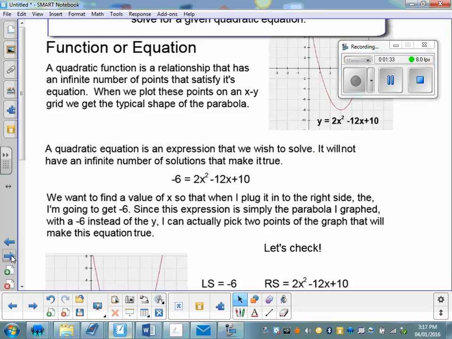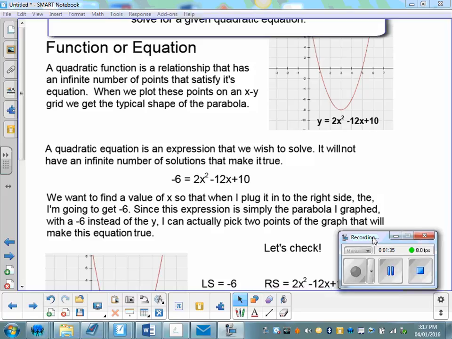So when we're looking at these questions, function or equation: a quadratic function is a relationship that has an infinite number of points that satisfy the equation. We've got an equation, it's y equals something, so there's an example of a function there.